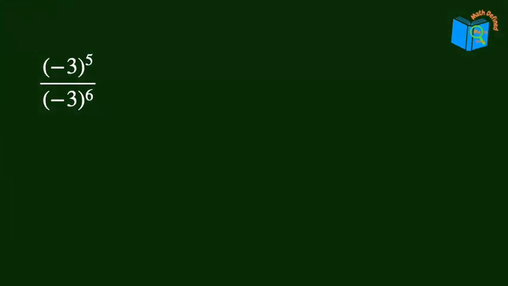In this fraction, the bases in both the numerator and the denominator are negative 3. And since the bases are the same, we can use the quotient of powers rule again, keeping the base of negative 3, then subtract the exponents, resulting in negative 3 to the negative first power.